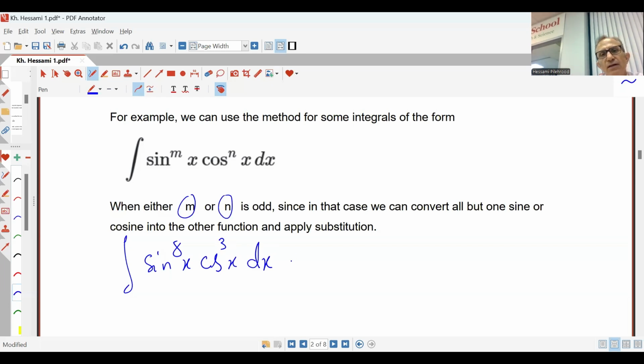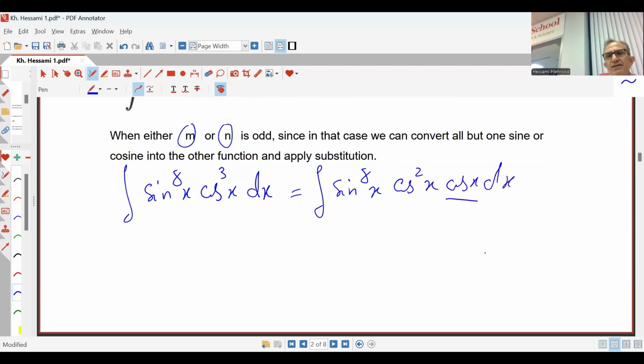So what do we get? We get sine to the power of 8x cosine square x cosine x dx. We keep this copy and convert the rest to sine x: sine to the power of 8x, 1 minus sine to the power of 2x, cosine x dx.